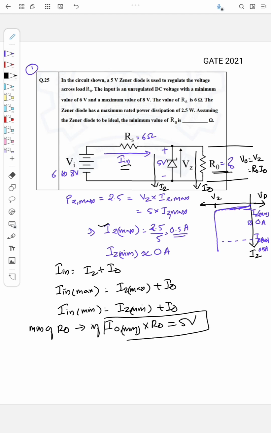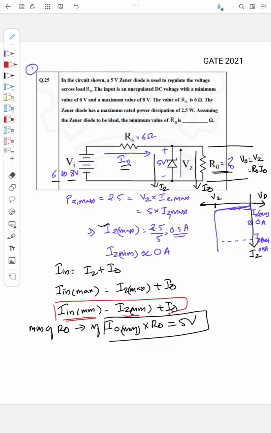That is a condition. So at what value of voltage Vi does the minimum I0 come? That happens when a minimum I in current flows through, because Iz can vary from 0 to 5. So I0 can be minimum only in the condition when I in is minimum.